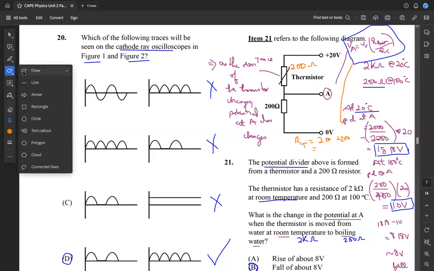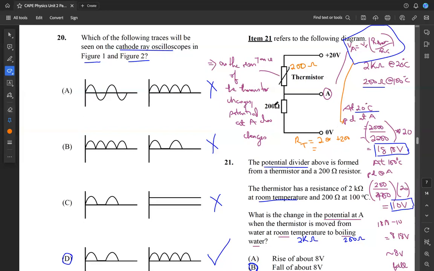And so now what we have is the 200 from here remaining, and then we have the 200 for the thermistor here, right? So now our total resistance will be 400 ohms. And so again, I'm using this formula, and I come all the way down here to show you my working out.